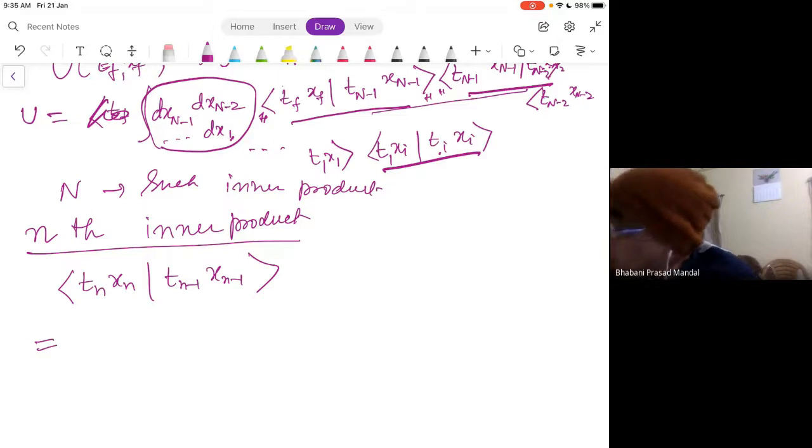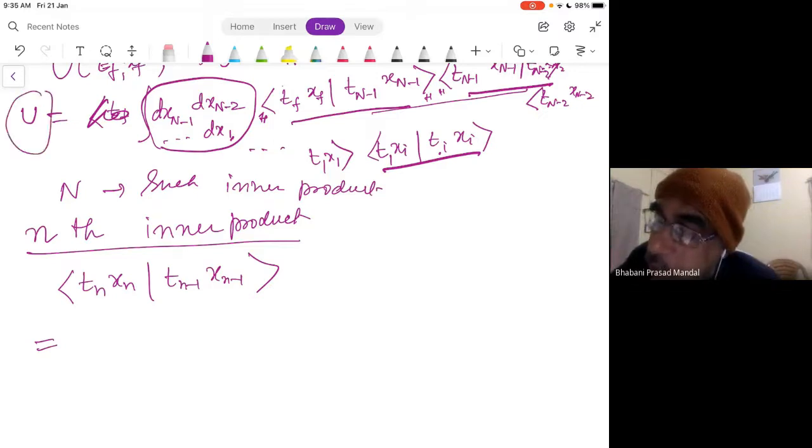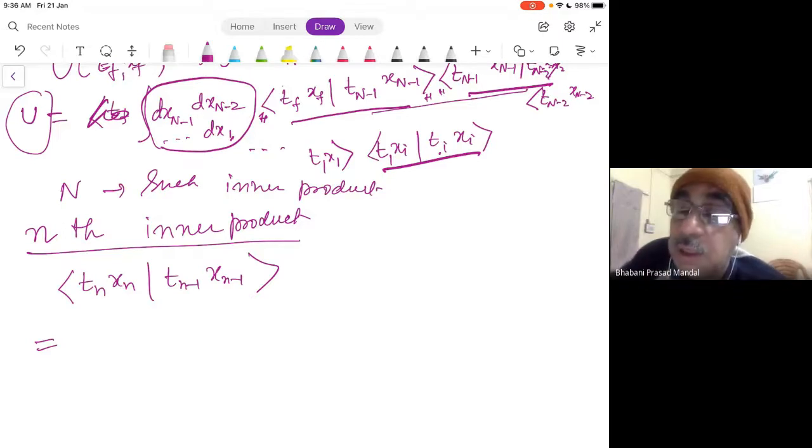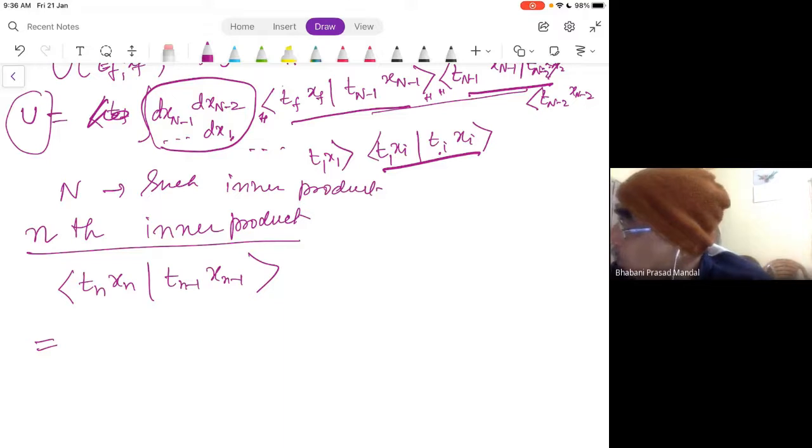Let us first see how to calculate this, then I can take the product n times and we can find the result. This is the quantity we are finding, and that is everything. That is the only thing you have to calculate in the path integral formulation. So we are in the process of deriving that path integral result. Remember, all these are in the Heisenberg picture.